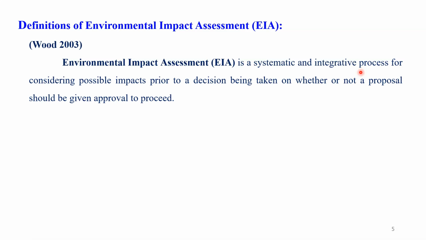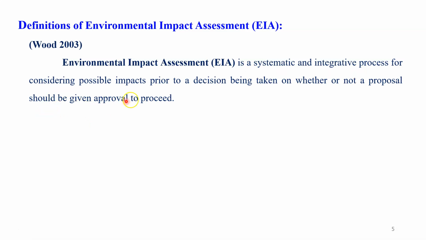It may be part of the environment, part of society, part of development, or part of other things. When we start the evaluation of this project, we keep all these points in mind, and then we start our process of evaluation.